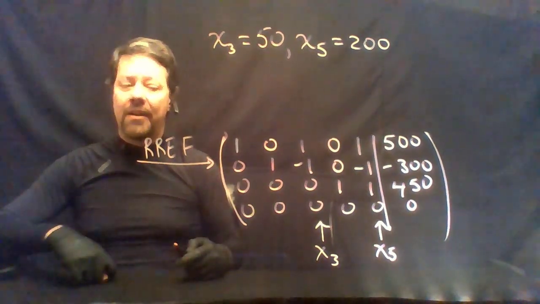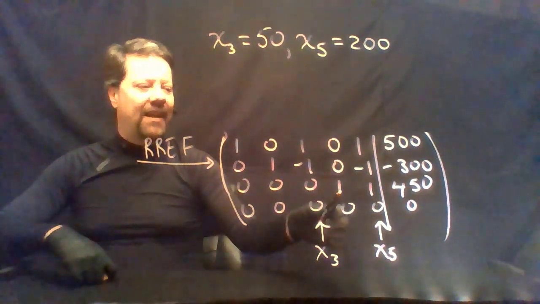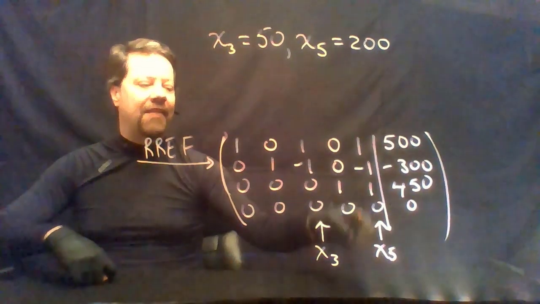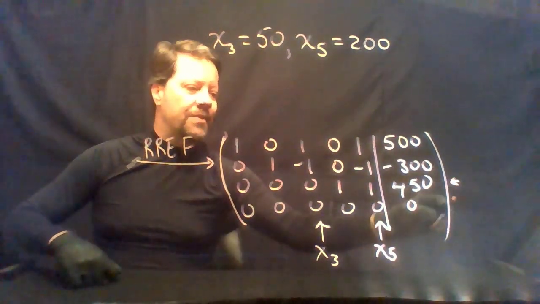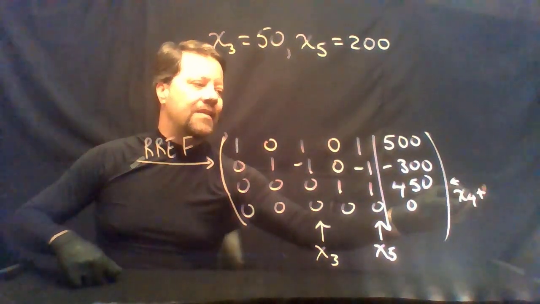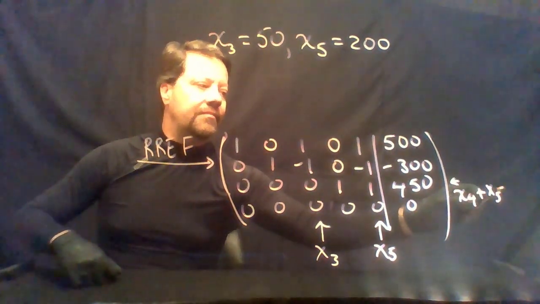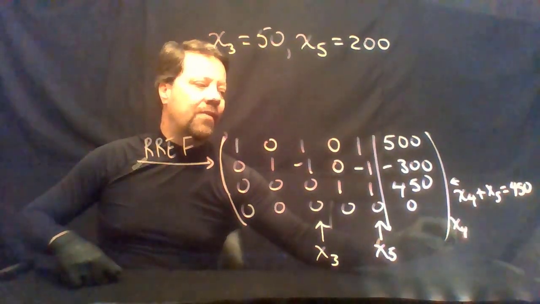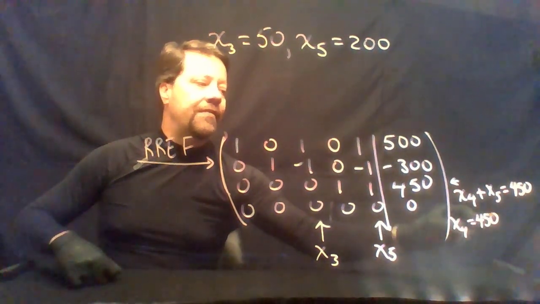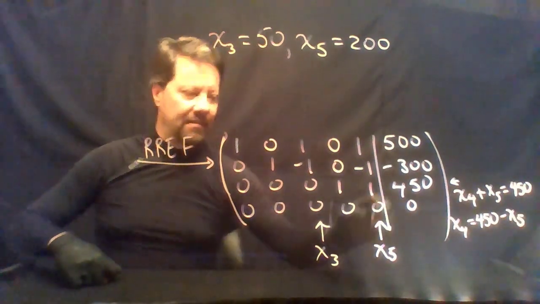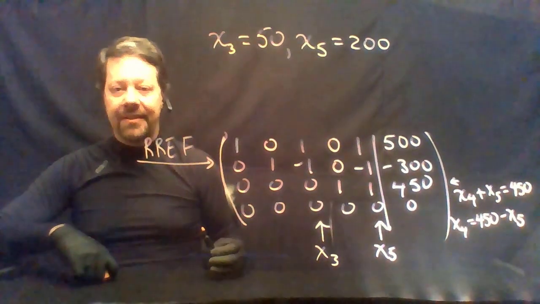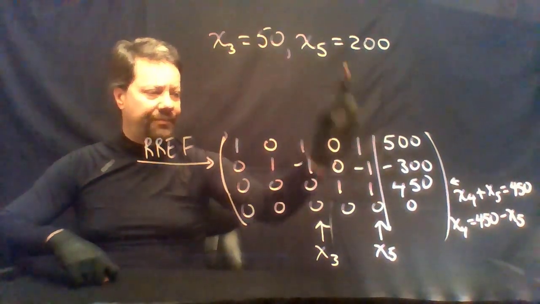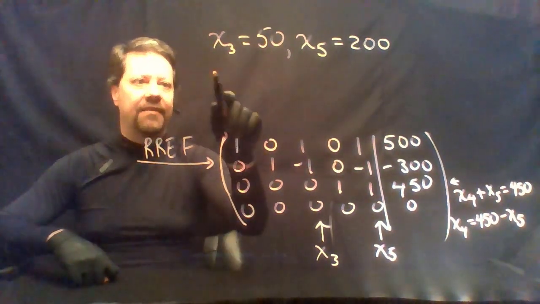Then what are the other variables? x4 will be 450 minus x5, because this equation represents x4 plus x5 equals 450. That means x4 is 450 minus x5. When you bring those over to the other side, they become minus. That tells us then that x4 will be 250.